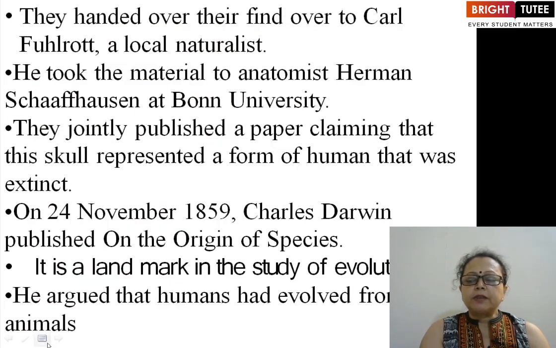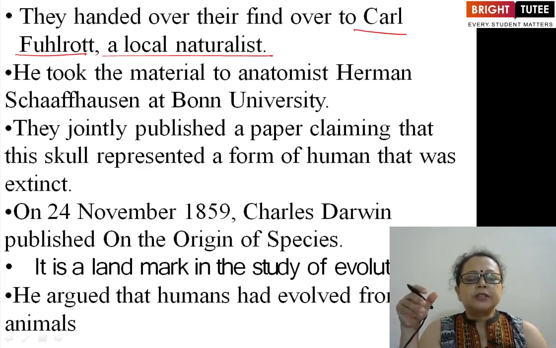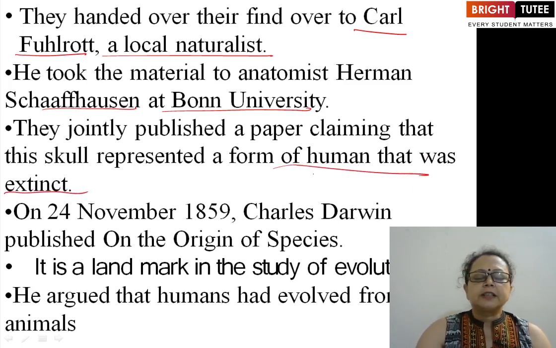They handed their find over to Carl Fuhlrott, a local naturalist who was studying nature. He took the material to anatomist Hermann Schaaffhausen at Bonn University, and they jointly published a paper claiming that this skull represented a form of human that was extinct.